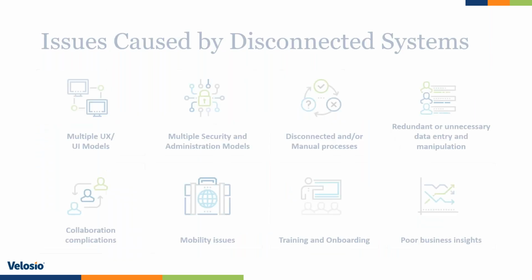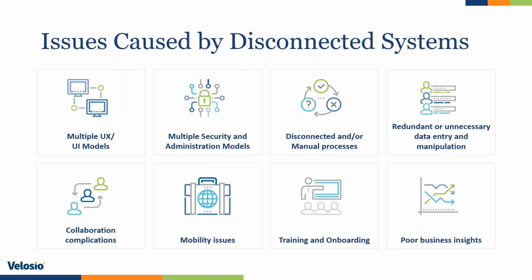And so this next slide shows some of those issues that you may relate to due to disconnected technology and systems. So starting at the top left, you've got multiple UX or UI models. And for me, this is to do my job, I have to work in this system, but I also have to work in this system.